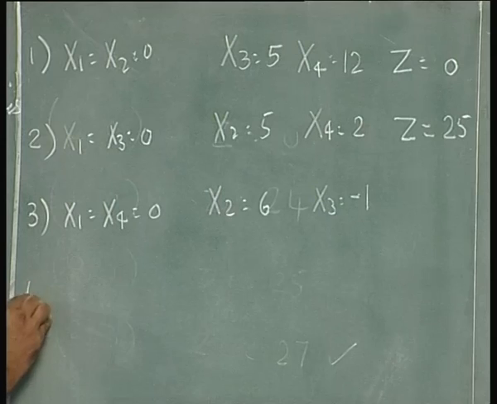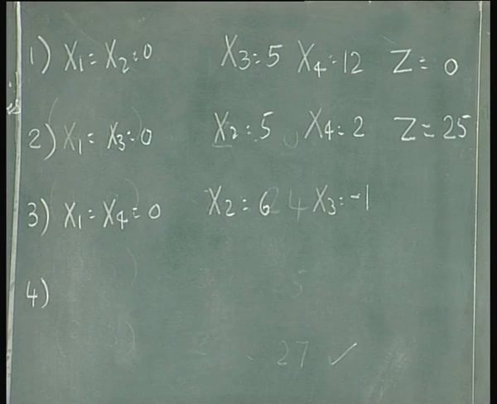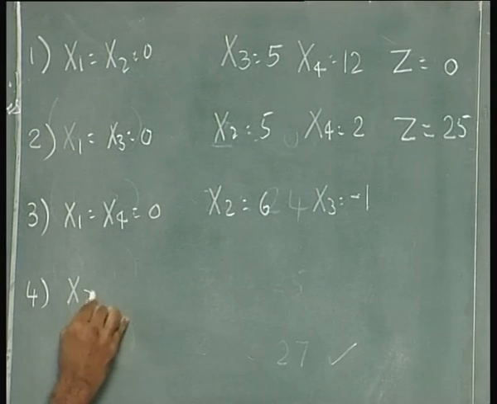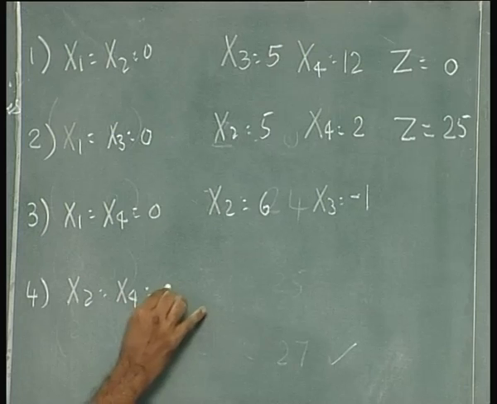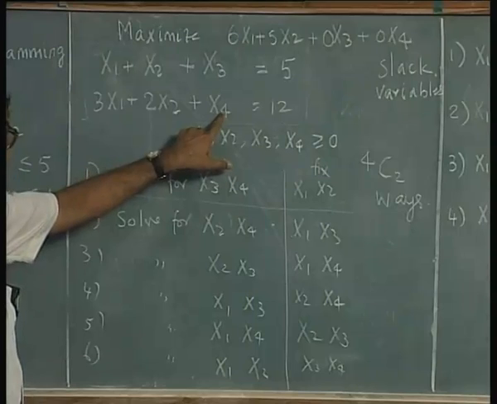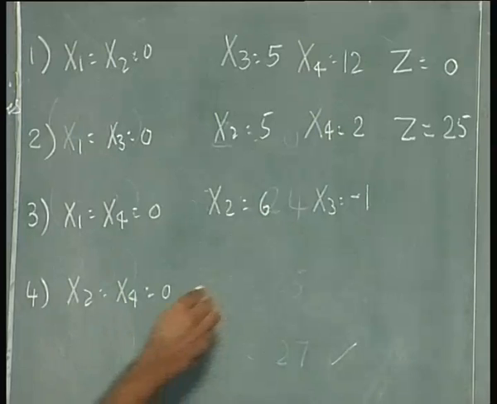So, I look at the fourth one. Fourth one has x2 equal to x4 equal to 0. Now, x2 equal to 0, x4 equal to 0 here gives me x1 equal to 4.